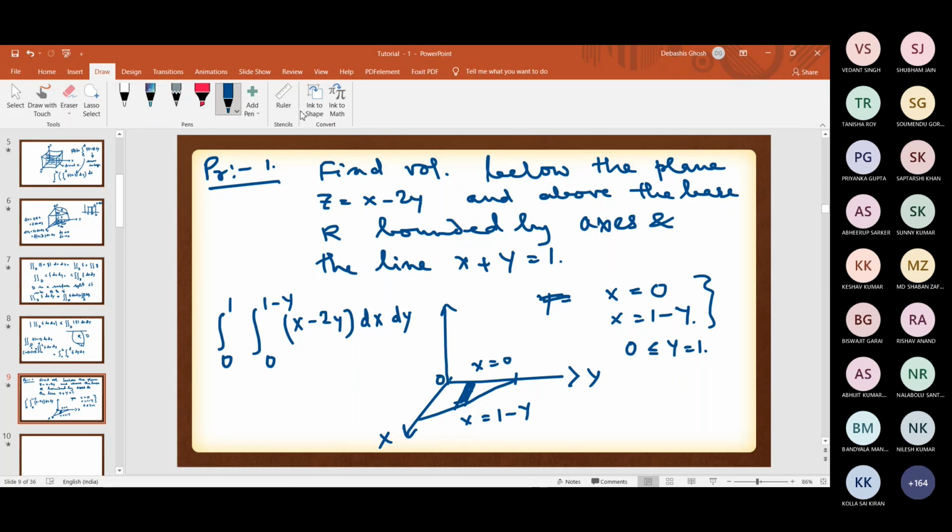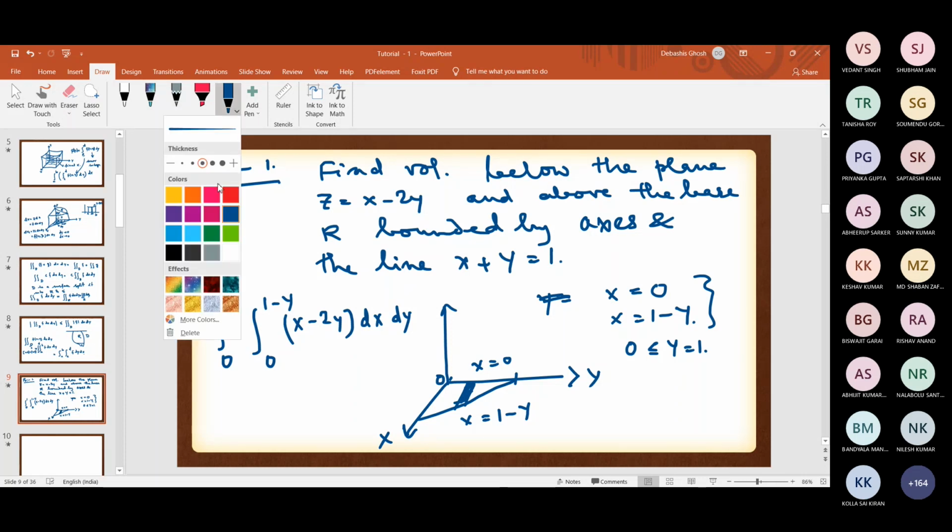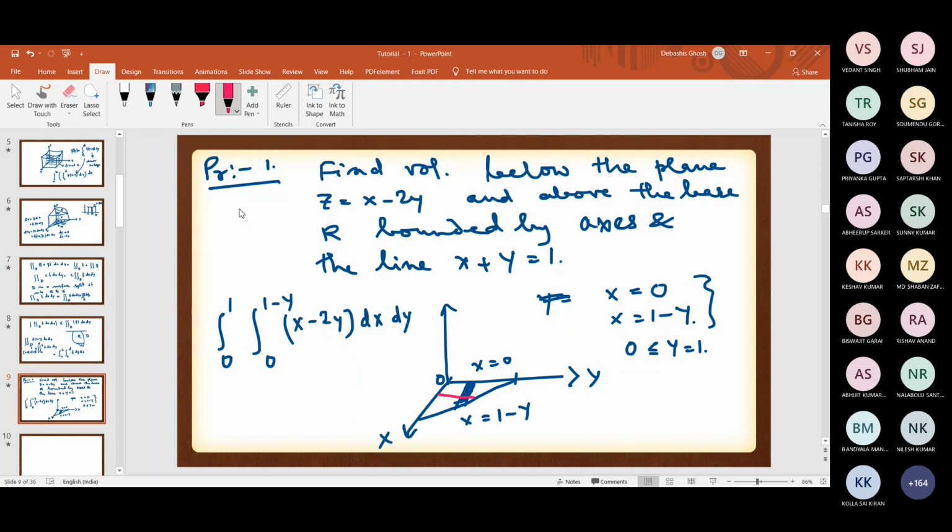Now if you consider a different strip, then we can have it in a different way. We are taking it by fixing x, and we are getting this region.